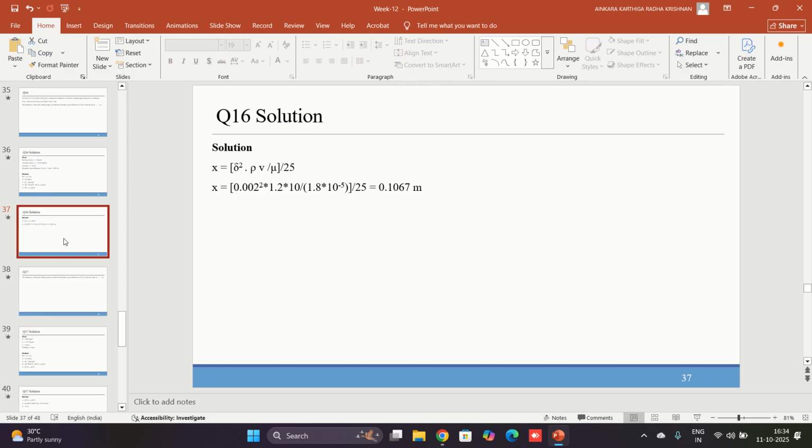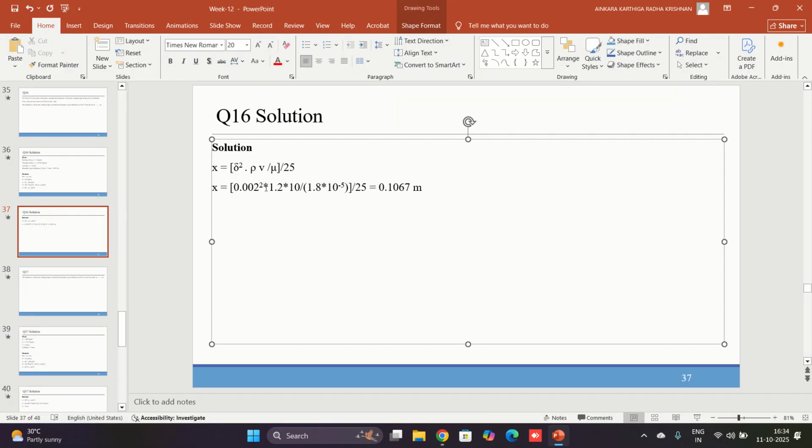So 0.002 square into 1.2 into velocity, which is 10 meters per second, divided by 1.8 into 10 power minus 5. That gives us 2.67, and divided by 25, that gives us 0.1067 meters.